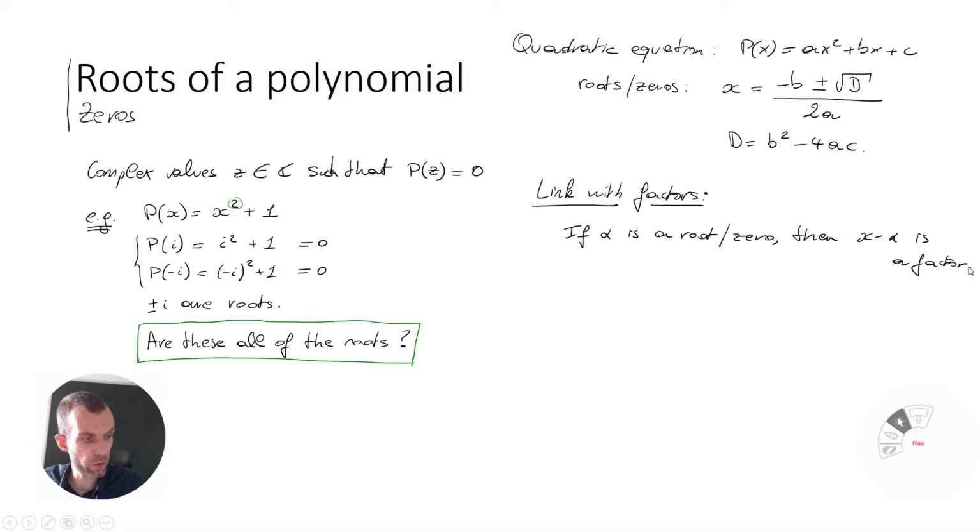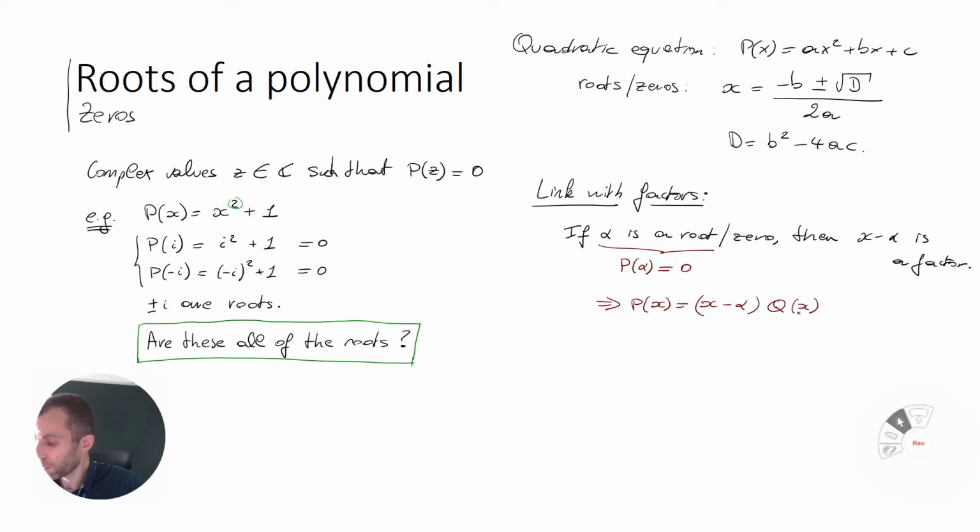And why is that so? Well, if alpha is a root, that means that p of alpha is equal to 0. And we've already established that if p of alpha is equal to 0, then p of x has to be of the form x minus alpha times some other polynomial q of x. So x minus alpha is a factor.